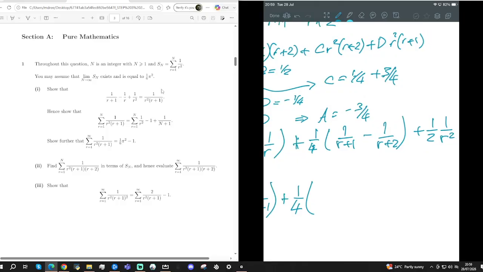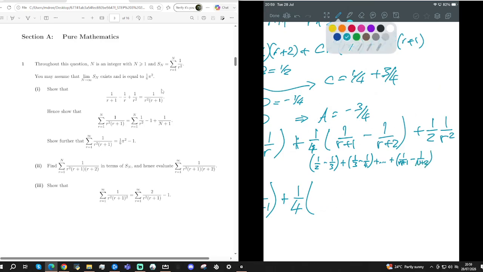This sum here, when r is 1, it's a half minus a third. When r is 2, this is a third minus 1/4, plus all the way up to when r is n, that's n plus 1, that's 1 over n plus 2.